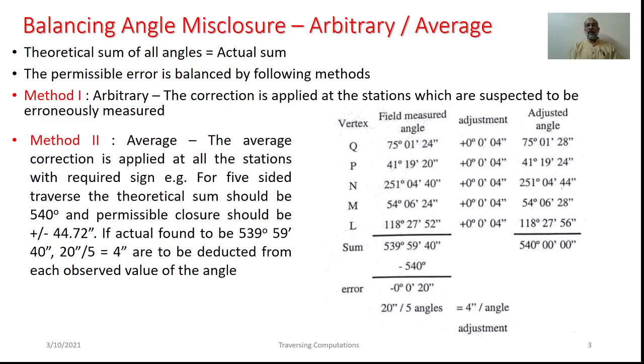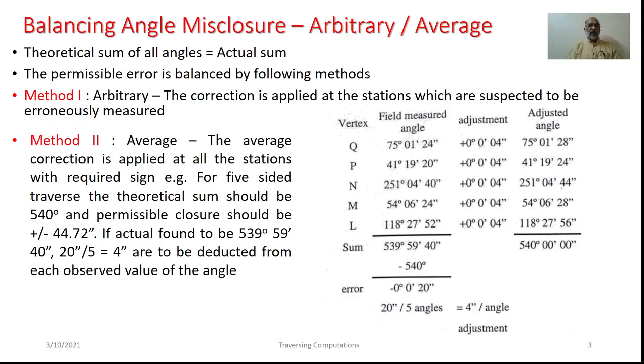So here the actually observed error is considered and with its opposite sign is applied at a particular station or at the stations which are suspected to be erroneously measured. So this method is arbitrary. It is the sole understanding of the surveyor, and accordingly he applies the correction.